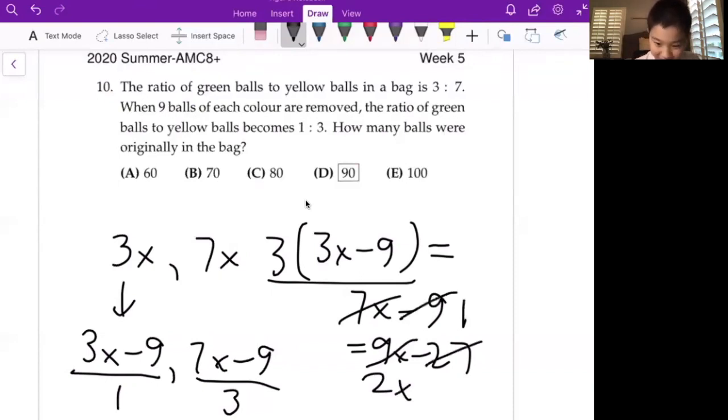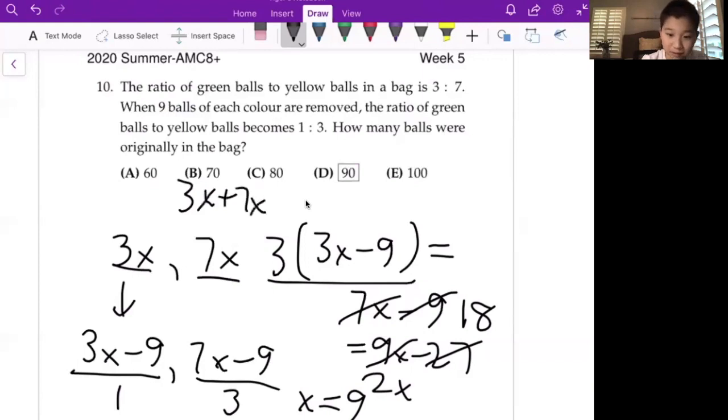This becomes 18. So x equals 9. So initially there were 3x plus 7x equals 10x balls. So since we know x equals 9, 10x equals 90.